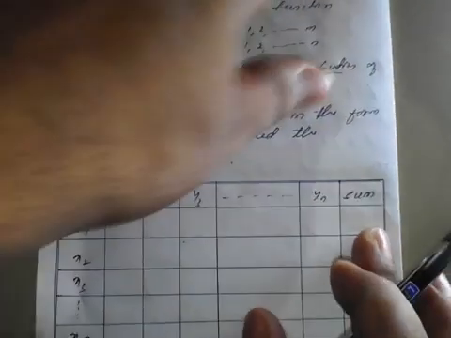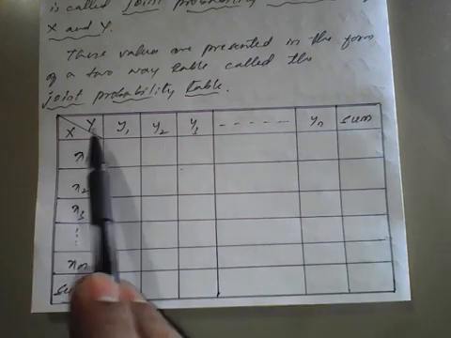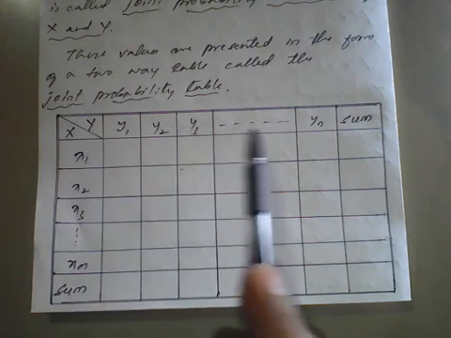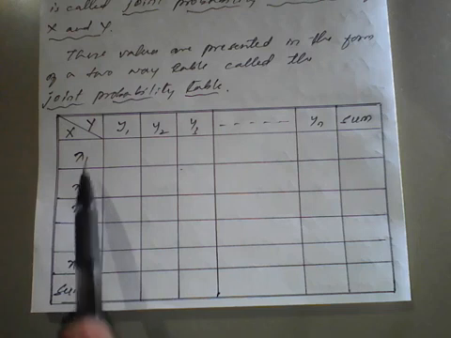See here, I have taken one of the tables, which is very important for solving the examples also. So in this table, the horizontal line has the values of capital Y, which are y1, y2, y3, and so on up to yn, and the values of capital X are x1, x2, x3, and so on up to xm.